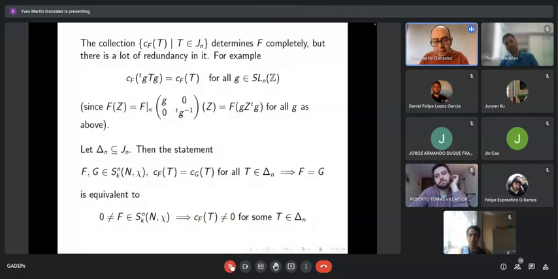Now, notice that this Delta_n is something that I want to describe independent of the weight and independent of the level of Gamma_0(N), of this big N. So it should be something that works for all k's and all N's. Okay, and so that's the problem, to find this good Delta_n.